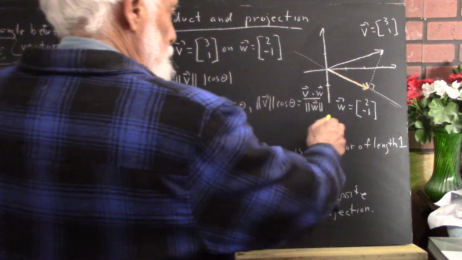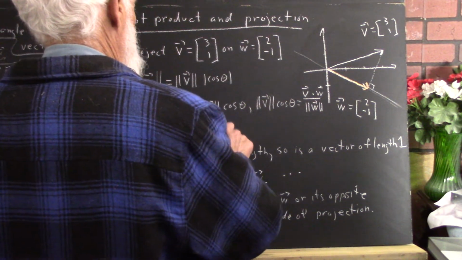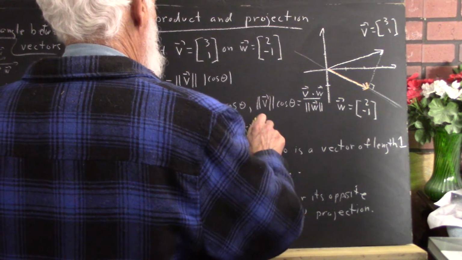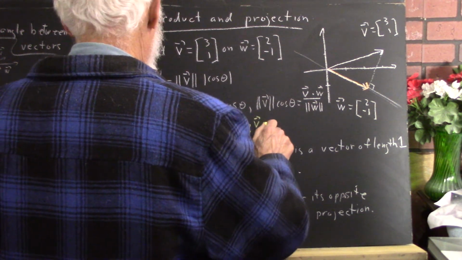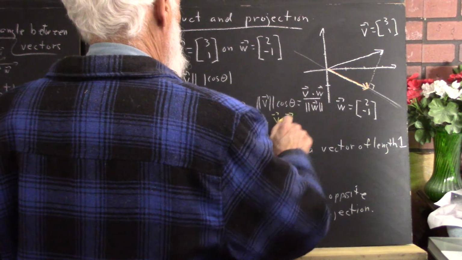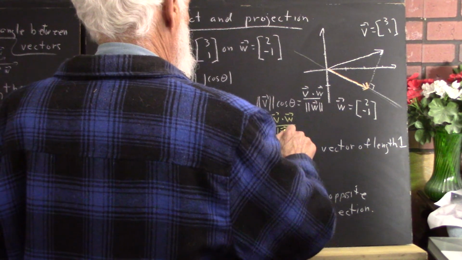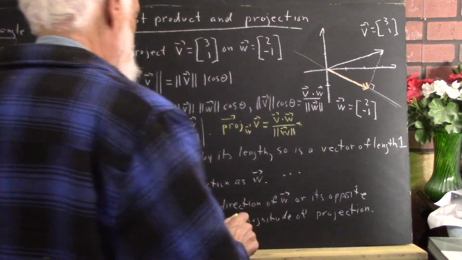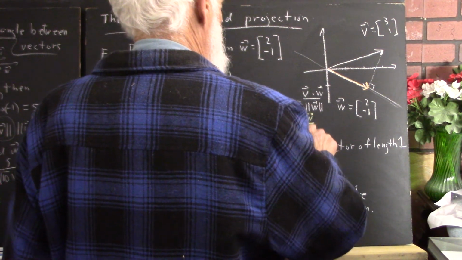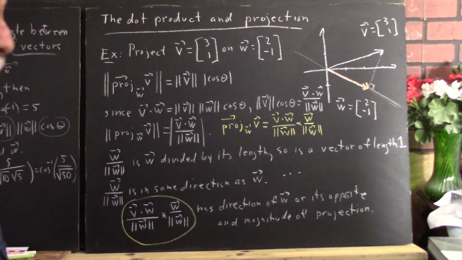I'm going to fill in the only space I have left on the board and say that the projection onto W of V equals V dot W over the magnitude of W, multiplied by the unit vector W over magnitude of W.